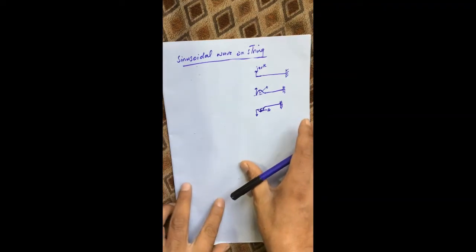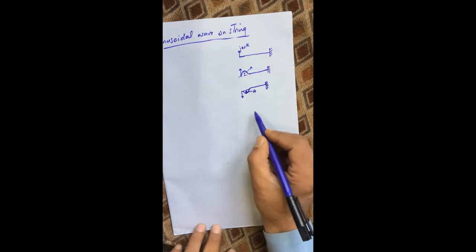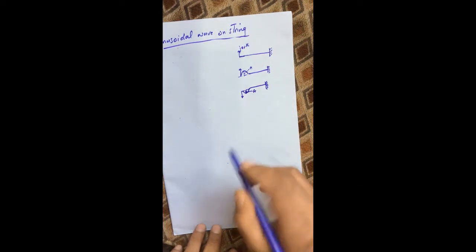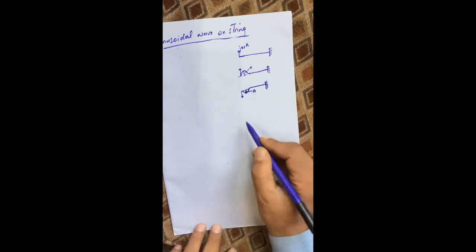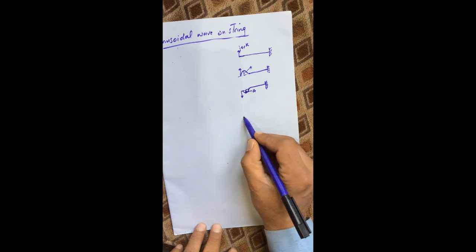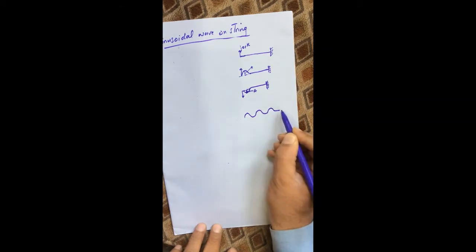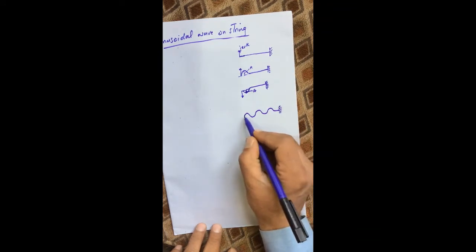Now if we jerk the string both in upward and downward direction in a periodic manner, then we create a number of pulses in the string.